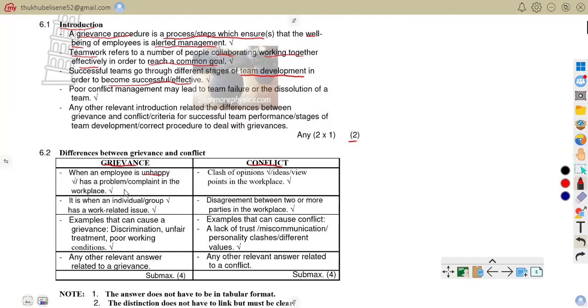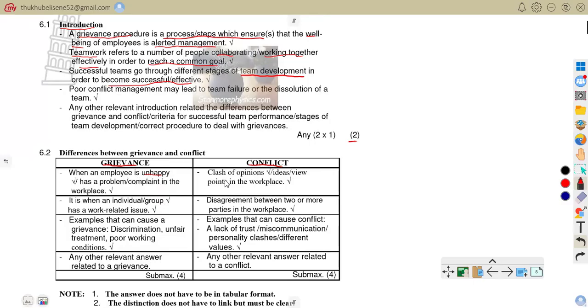There is something that is not going well with such an employee in the workplace. So we call that a grievance. Then he or she is allowed to lodge a complaint and follow the grievance procedure so that such an issue will be solved.